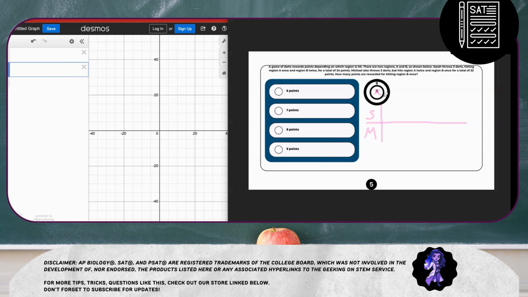So another tip or trick is, out the gate, if you're setting up a system of equations, make sure to use the variables X and Y so you can easily plug it into Desmos pretty fast.